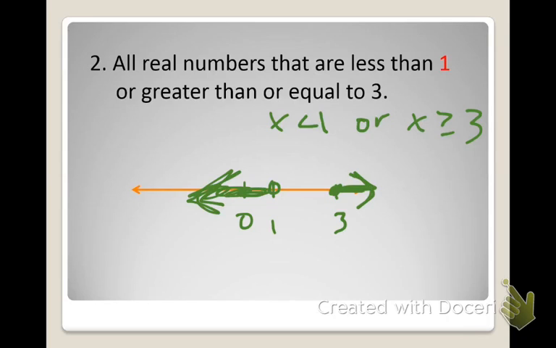So closed circle, greater than or equal to, closed circle, and to the right. And there are your oars on a boat, right? Okay? Any major issues or questions there?